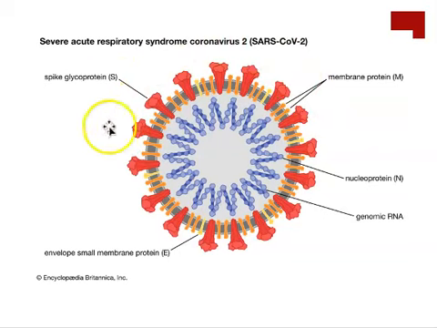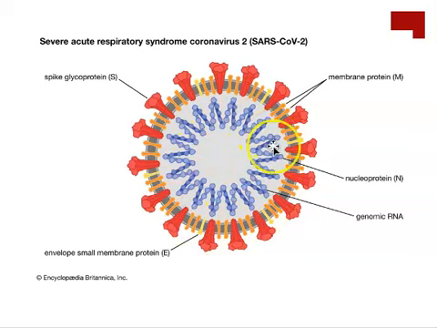In this drawing, the viral particle has been cut in half so that we can peer inside. What's drawn in purple here represents the genetic material. SARS-CoV-2 happens to be a virus that uses RNA as its genetic material, and it happens to be a single strand of RNA.